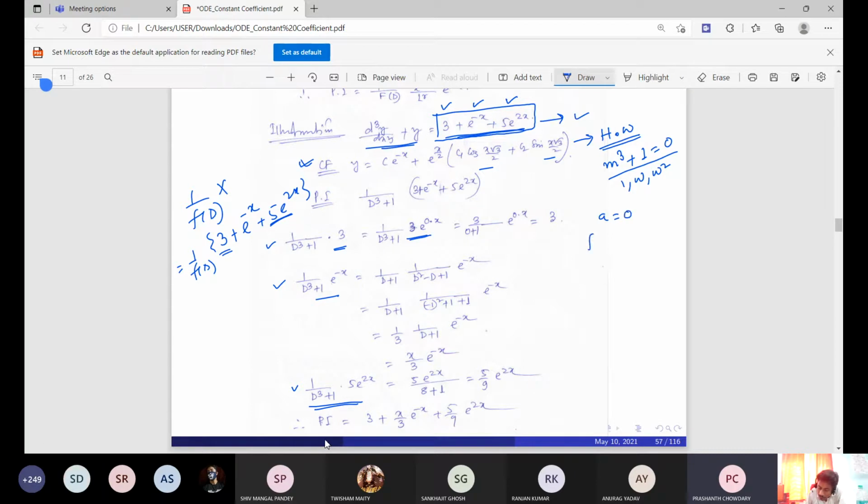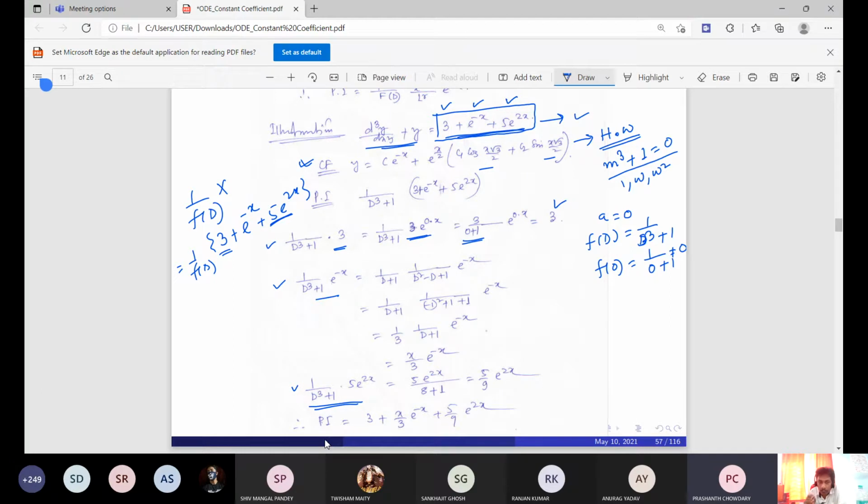And what is f(D)? That is D squared plus 1. So what will be f(0)? That will be 0 plus 1, which is non-zero. So the answer will be 3 by 1 into e to the power 0x, that is 3.